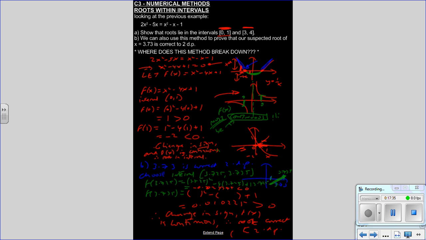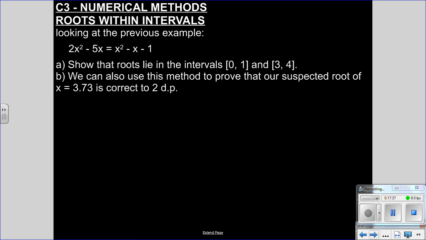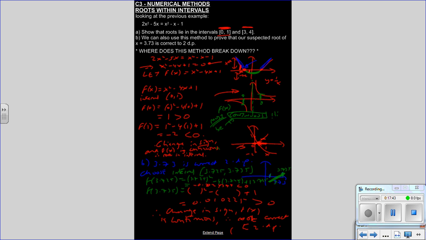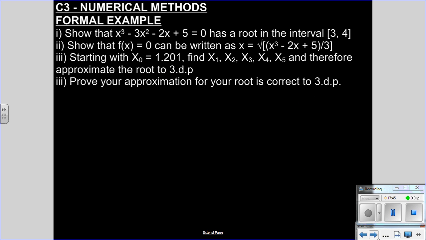Wicked. So, here's an actual formal example. So we've done that one. Here's a formal example which would match very similar to an exam question, just to bring it all together. So first off, it's saying show that this thing has a root between the interval 3, 4.